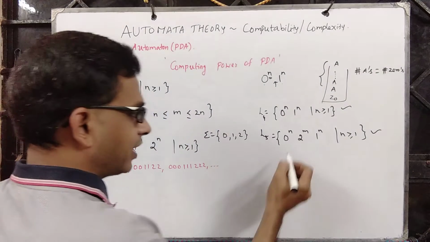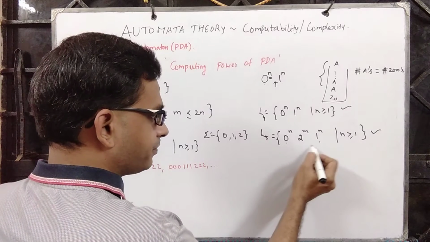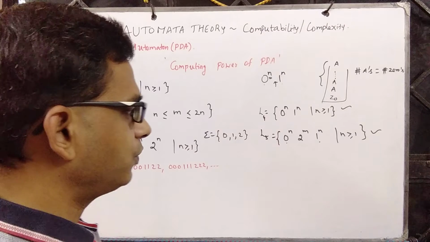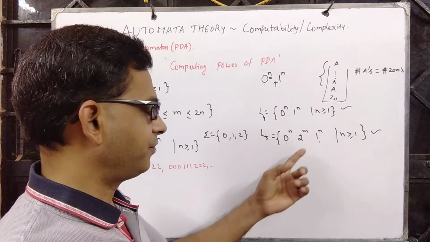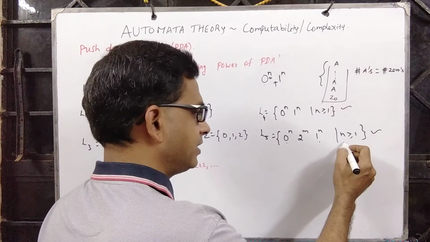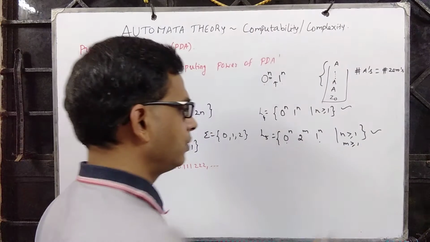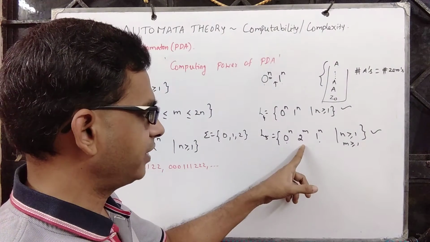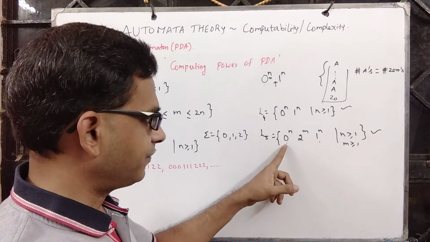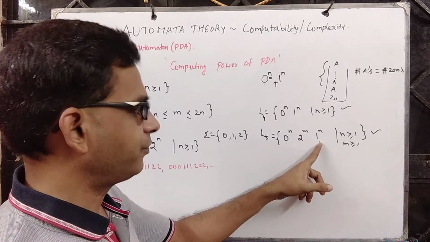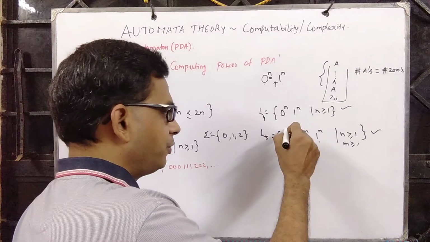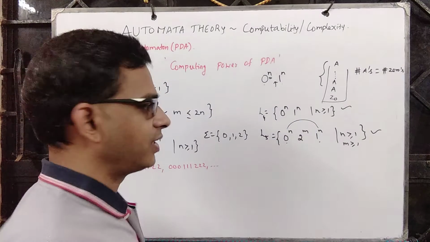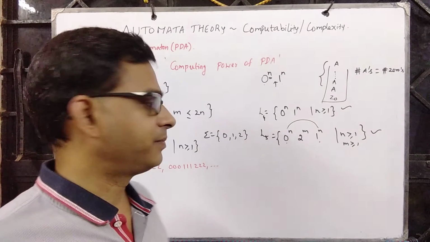The reason is, I am only comparing the zeros and the ones. The number of twos you don't need to keep track of. It only says at least 1, and the number of 2's that we will be reading as part of the input is independent of the number of zeros and independent of the number of ones. So if at all you want to match, it is only these two.